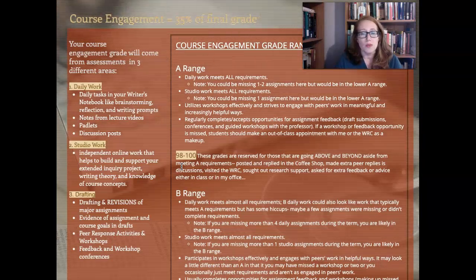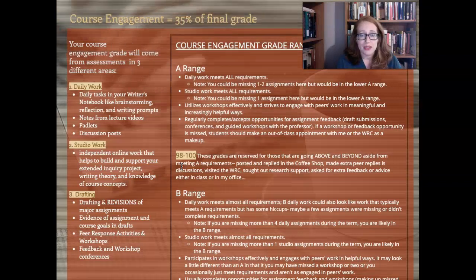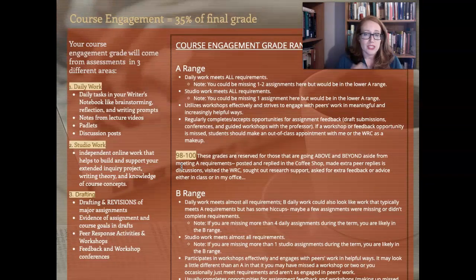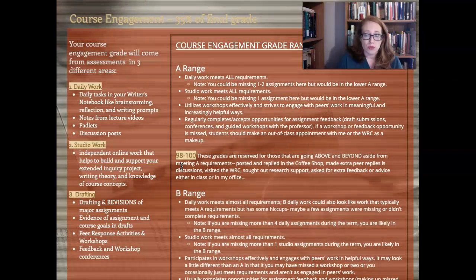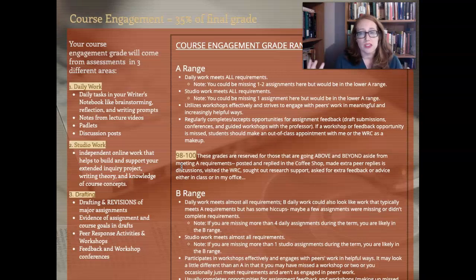Maybe they go above and beyond, like being helpful with peers and answering questions and giving extra replies. Maybe they do something extra to seek out support, like visit my office hours regularly, seek out support from the library, the Writing Resources Center, something that's more than what everybody else that's making an A is doing.